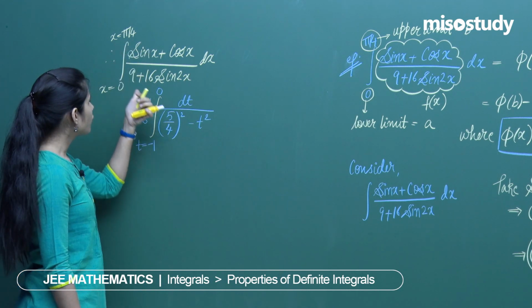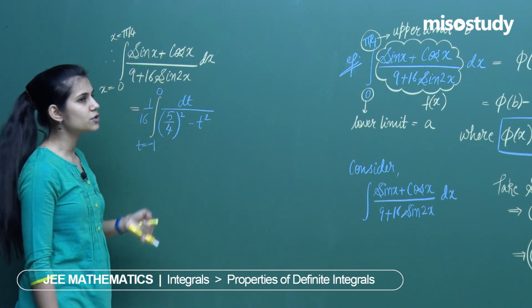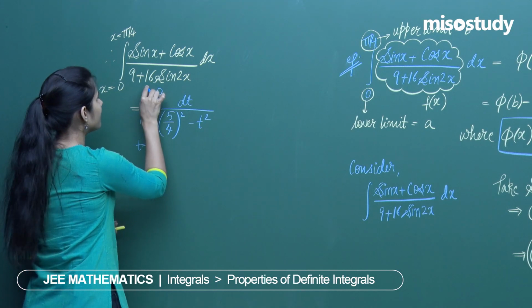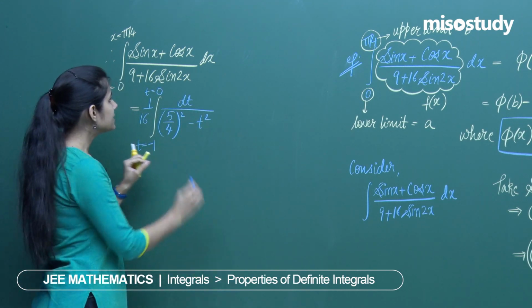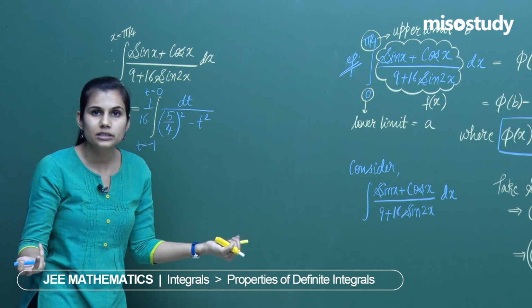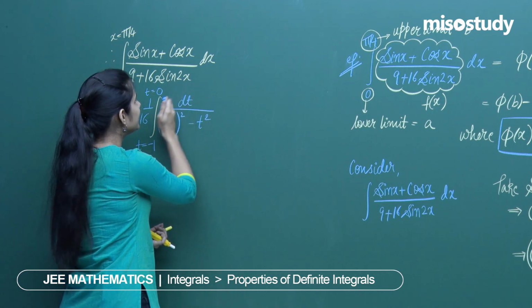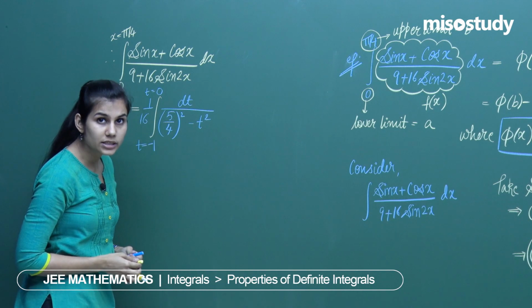When x was pi by 4, t was 0. So, when the upper limit in terms of x is pi by 4, upper limit in terms of t will be 0. These are my values of t. That means now definite integral of this integrand will be what?